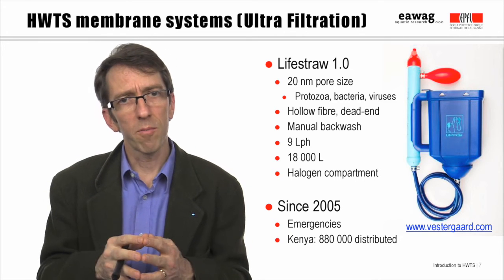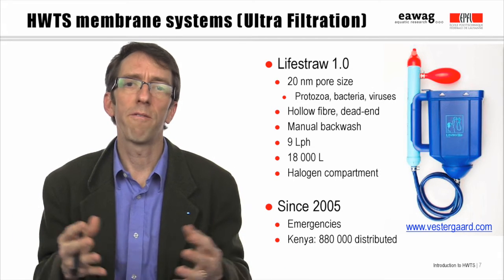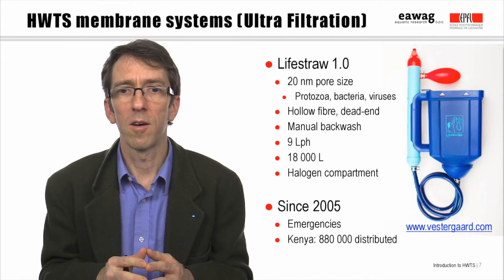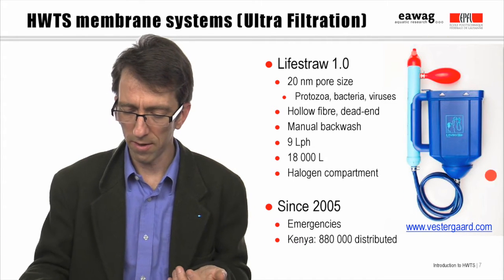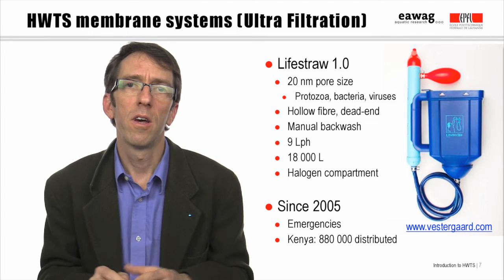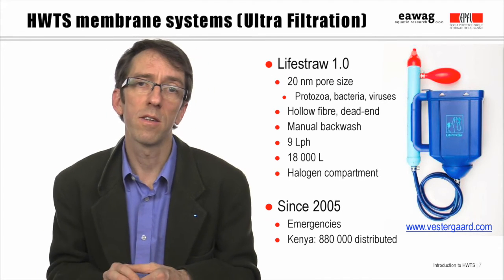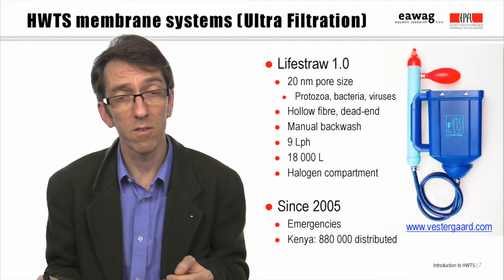One of the best known examples of these technologies is the LifeStraw family, which is produced by Vestergaard Frandsen. Here you see their LifeStraw Family 1.0 model. It uses an ultrafiltration membrane with a 20 nanometer pore size, which is small enough to exclude protozoa, bacteria, and also viruses.